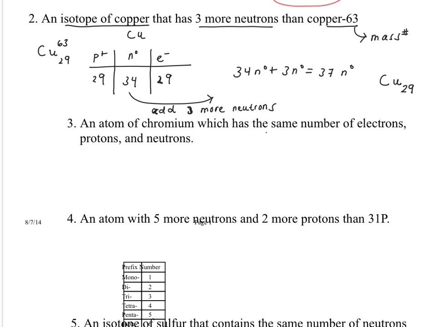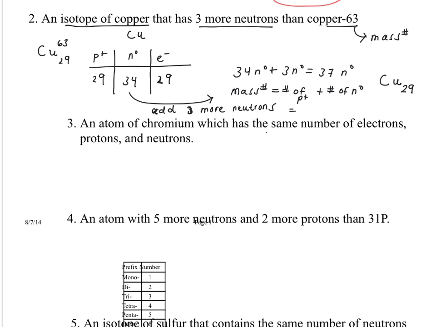Since the number of neutrons is changing, we need to find the new mass number. So the mass number will equal the number of protons plus the number of neutrons.